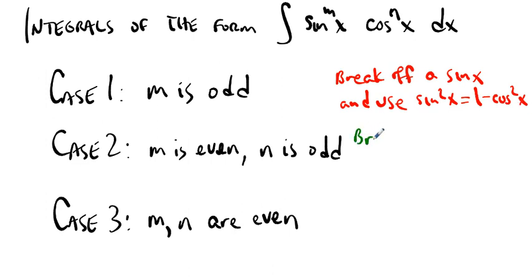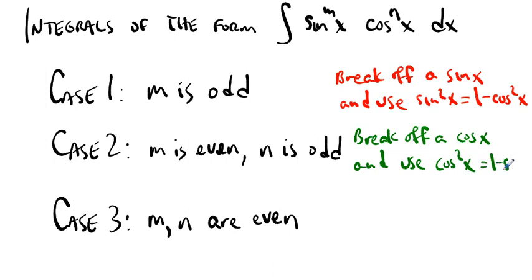In case two, we're going to break off a cosine x and use the same trig identity. And you're going to say, that's not too bad, which leaves you wondering when the other shoe drops. And the other shoe drops down here.